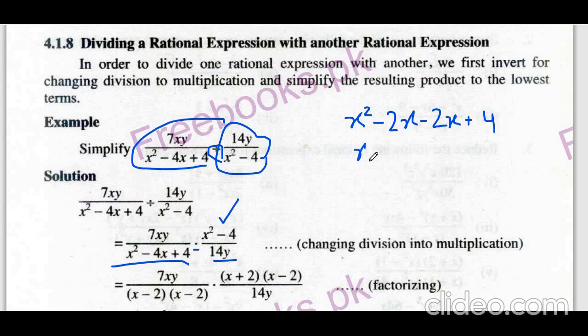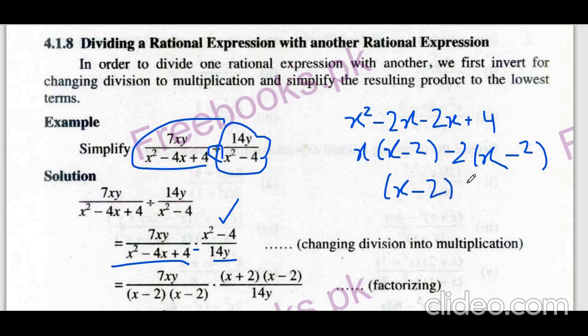Take x common from the first two terms: x(x minus 2), and minus 2 common from the last two: minus 2(x minus 2). Now take the common factor x minus 2, giving (x minus 2) times (x minus 2).